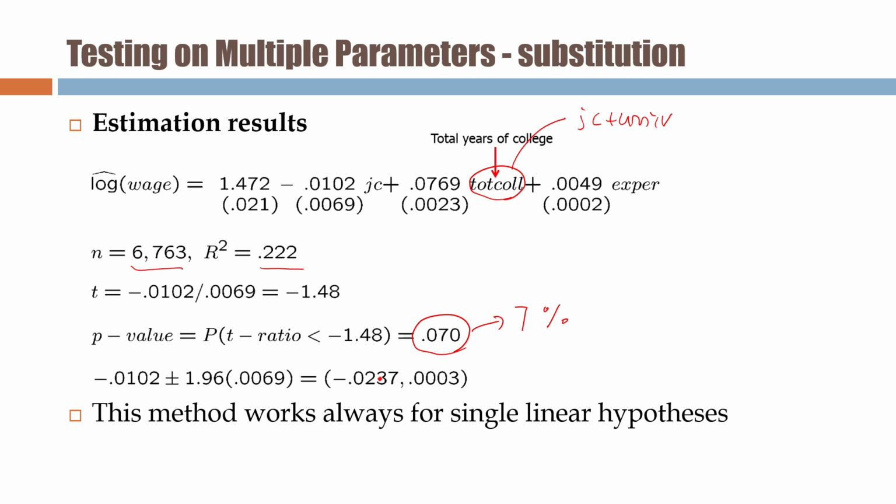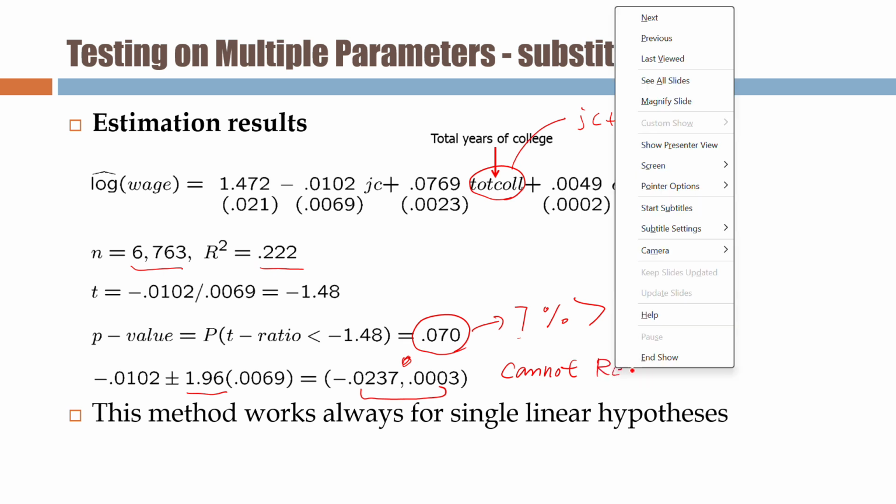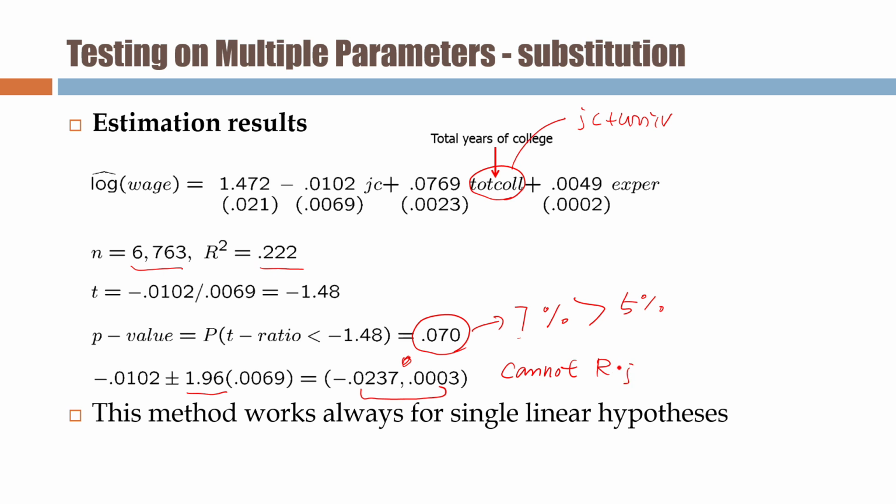And then as you can see here, the range includes 0, right? Since the range includes 0, we cannot reject. Of course, this 7% is greater than 5%. So this should be: cannot reject the null hypothesis. This method always works for a single linear hypothesis because we just replace the things.